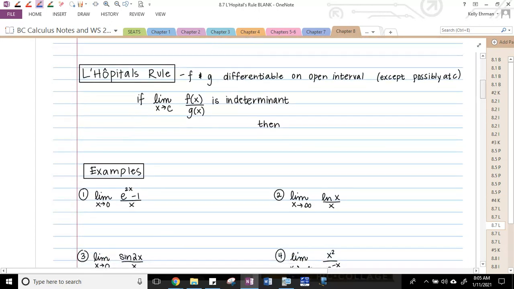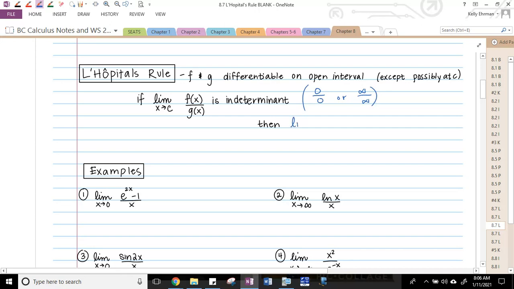Okay, so what is L'Hopital's Rule? Assuming that f and g are differentiable, so we can take their derivatives on an open interval, except maybe at c, then the limit as x approaches c of f of x over g of x is indeterminate if it comes out to 0 over 0 or infinity over infinity.